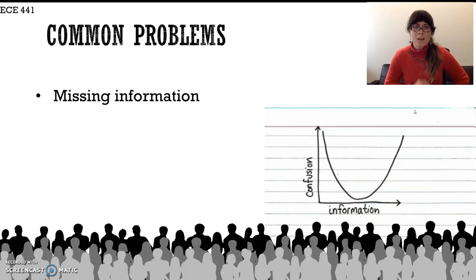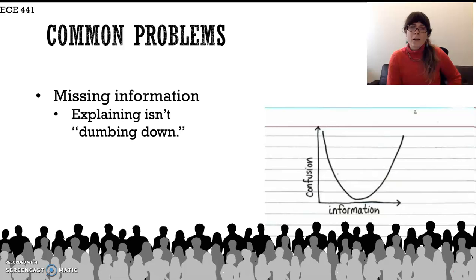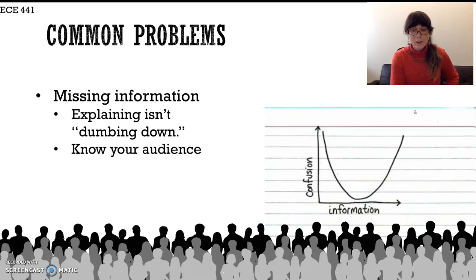Okay. So common problems are missing information, not enough information. Please know that when you're explaining something, you're not necessarily dumbing it down. Explanations are necessary, especially for varying audiences and diverse audiences. So you need to know what information your audience might need and include that information. You might even consider putting that kind of information, if your audience is going to need a glossary, for example, in an appendix to your document.